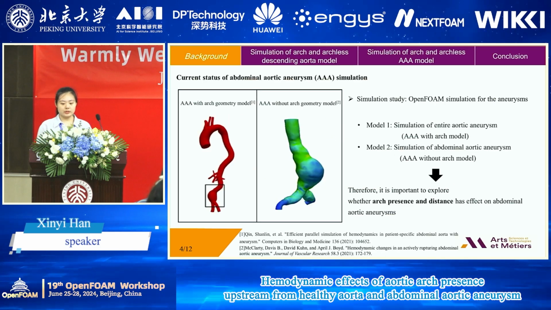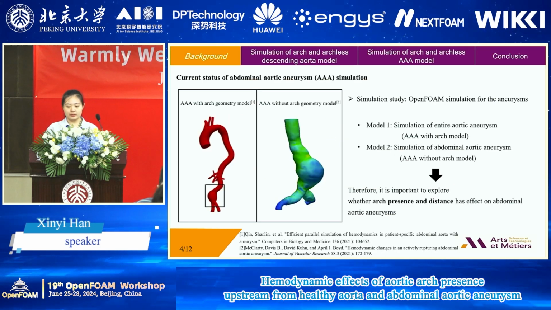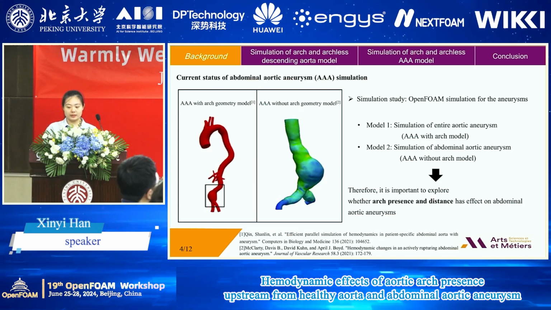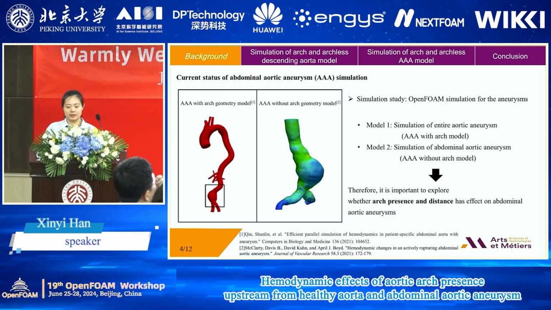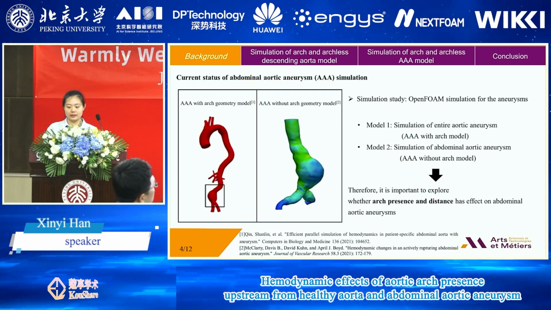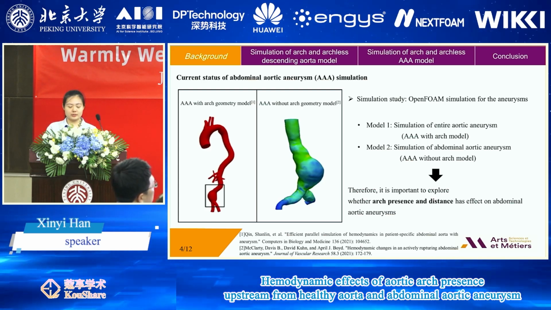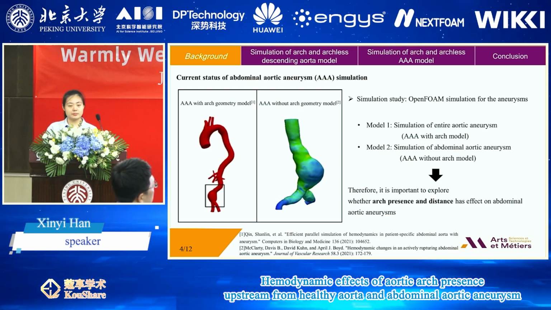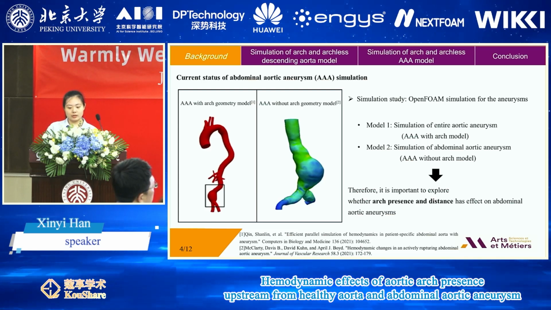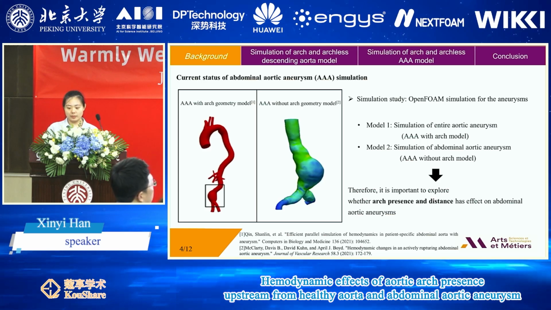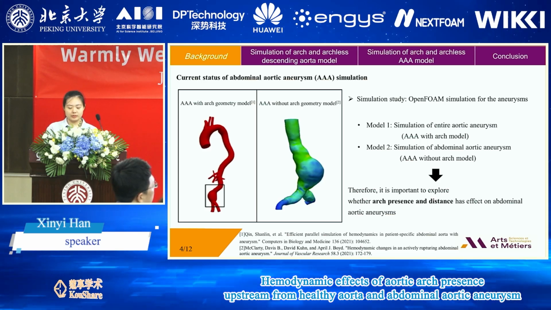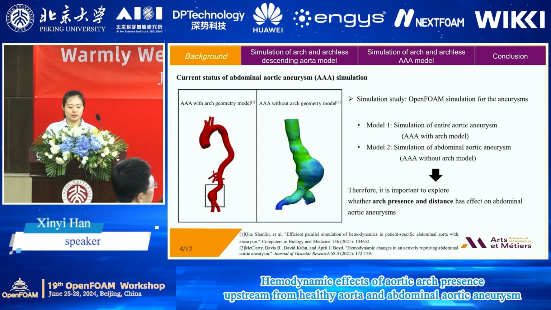Currently, the simulation geometry of aneurysm is mainly divided into two types. The first one is the entire model from ascending aorta to iliac artery, and the second one is only focused on the aneurysm domain. Because of the arch curvature and the cross flow inside the arch region, most people prefer to use the simplified model to make the simulation, which can shorten the calculation time.